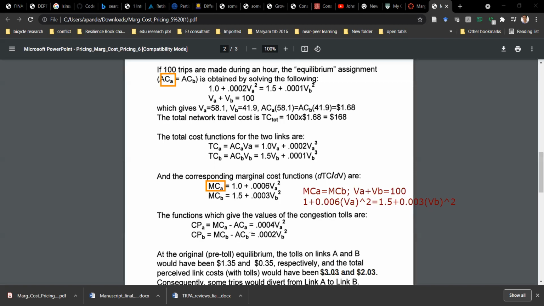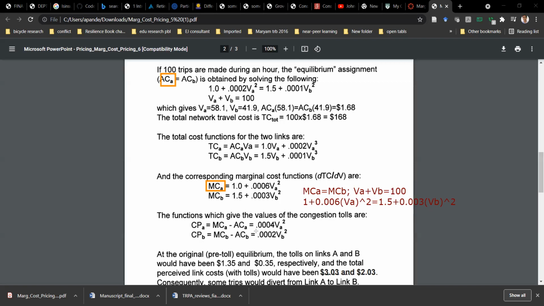So I'm subtracting MCA minus ACA, and this is what I end up with. This gives me the toll amount that I should charge, and you can see this congestion price, or the toll, is dependent on the individual travel demand flow that exists on any given route.